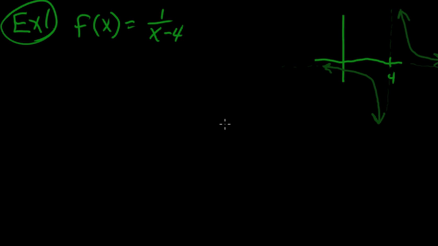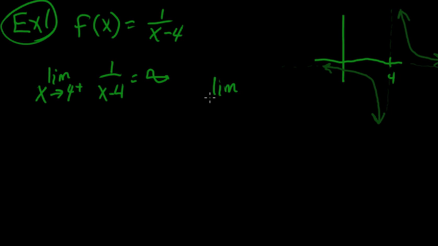And we write down the notation of it. We say that the limit as x approaches 4 from the right of 1 over x minus 4 equals infinity. So if we had an x right here, and it was getting closer and closer to 4, and it started out on the right, it would get closer and closer to infinity.